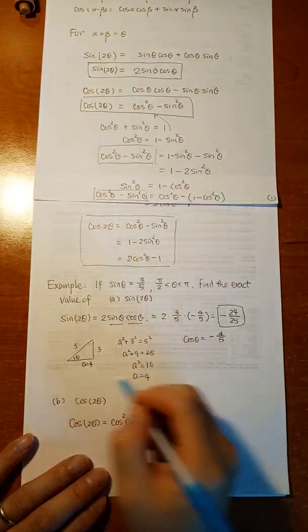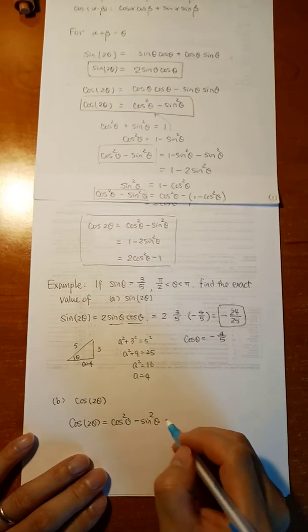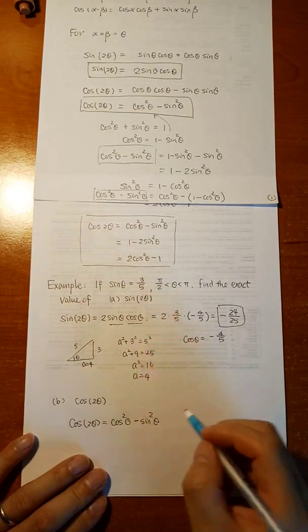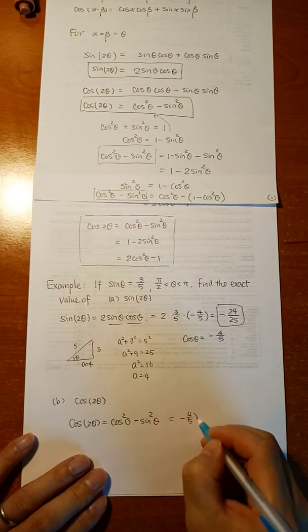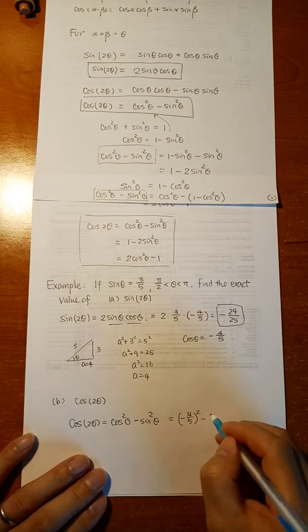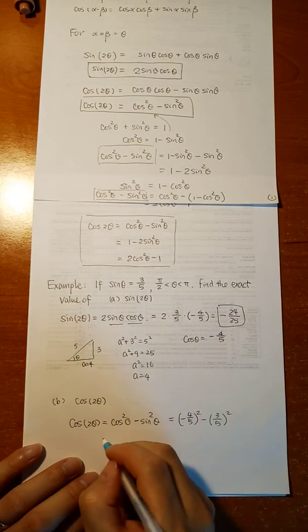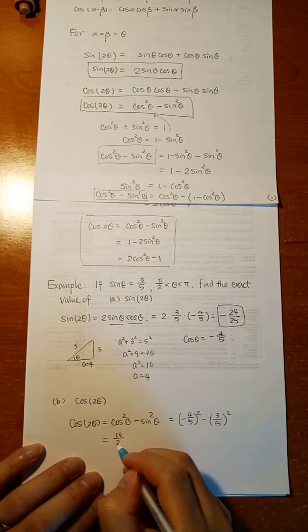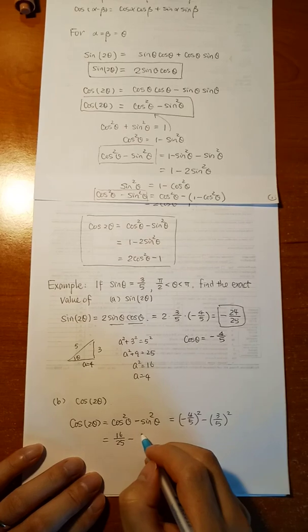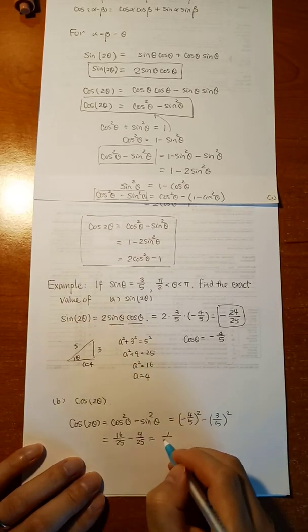You have to do this in order to find cosine theta equal to negative 4 over 5, and sine theta is 3 over 5. And then you plug in negative 4 over 5 squared minus 3 over 5 squared. And then you compute, it's 16 over 25 minus 9 over 25. The difference is 7 over 25.